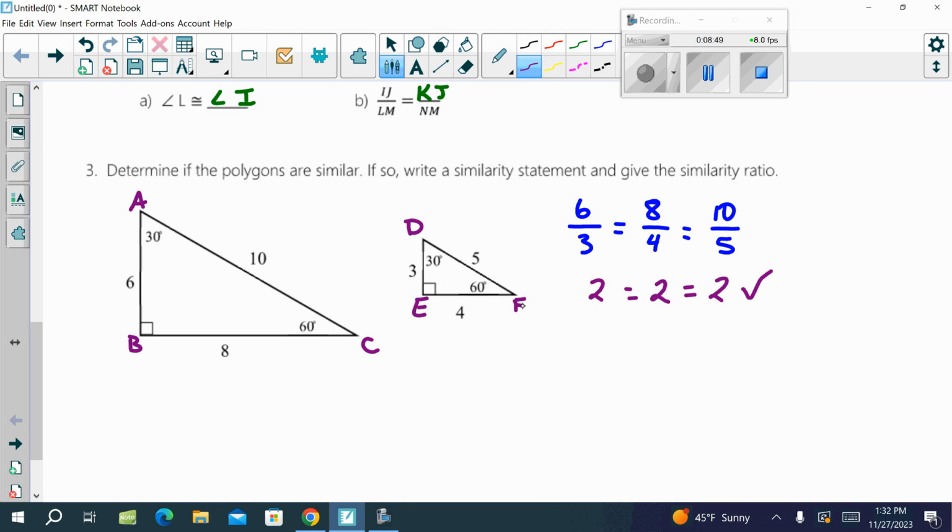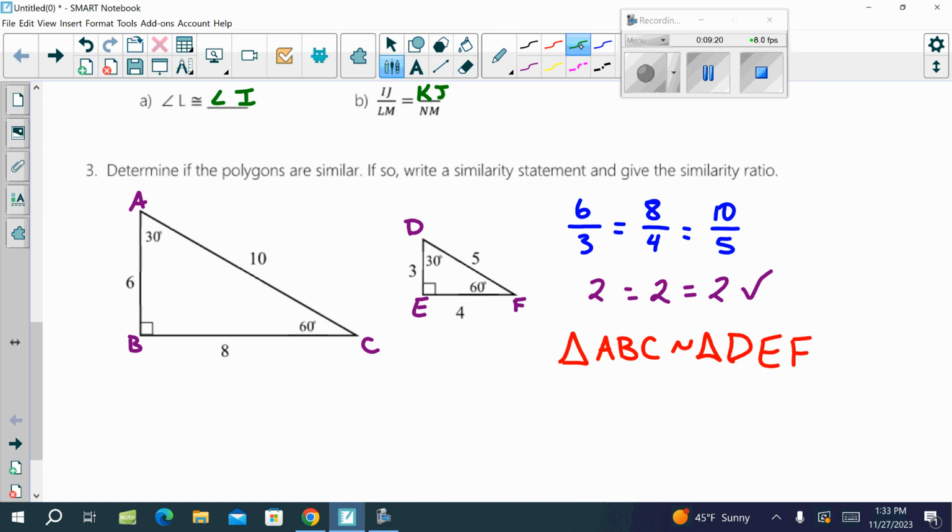So similarity statement is going to say triangle ABC is similar to triangle DEF. So that's our similarity statement. You say this triangle is similar to this triangle.